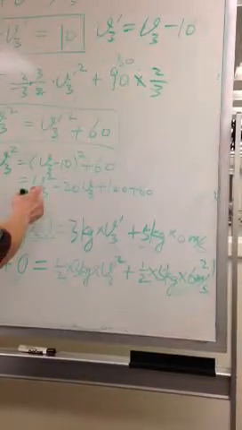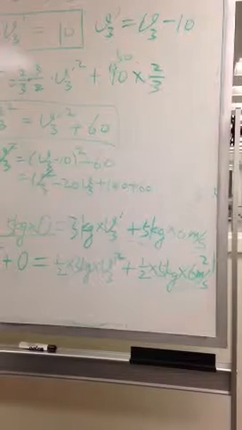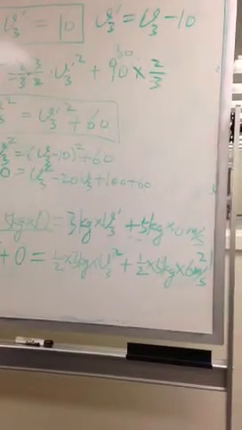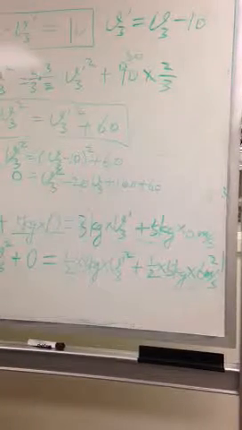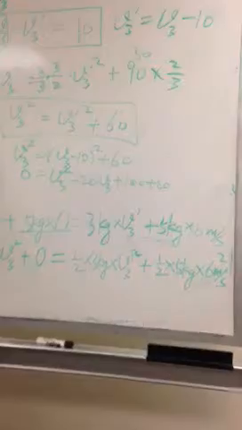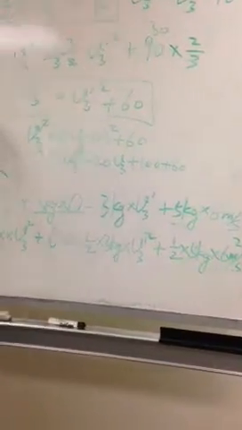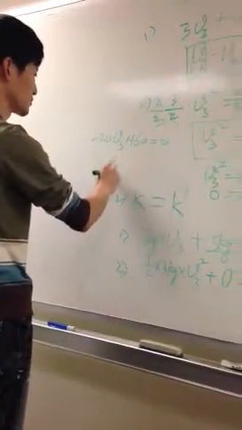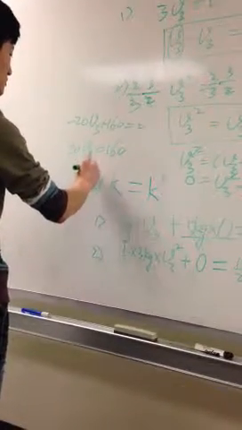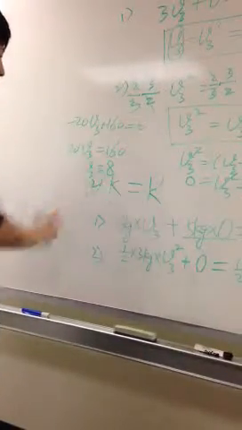So we can cancel V3 squared. Negative 20 V3 plus 160 is 0. So 20 V3 is 160, and V3 is equal to 8.